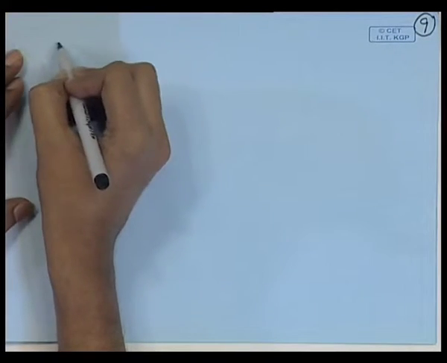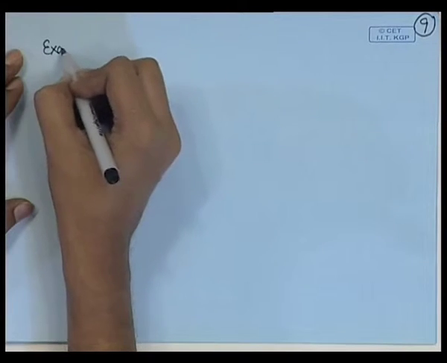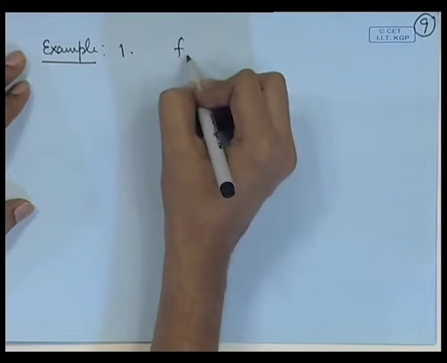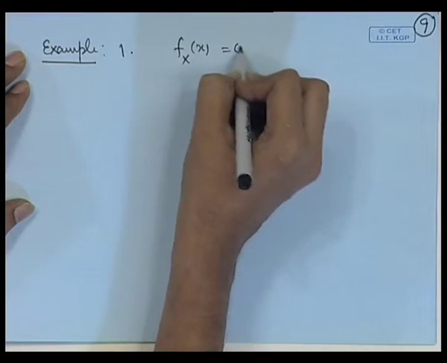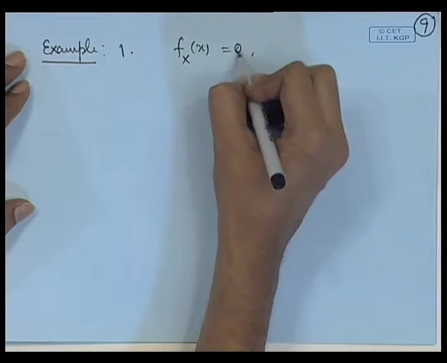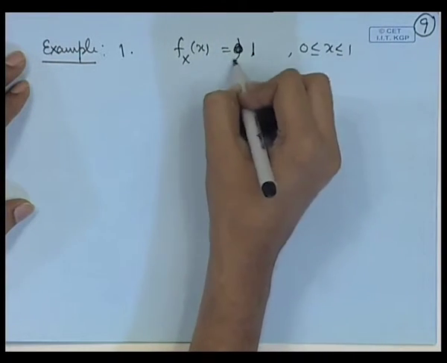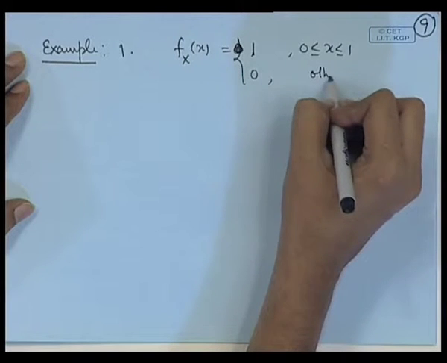The first example here, in the continuous case, f(x) was 1 for 0 less than or equal to x less than or equal to 1, and it is 0 otherwise.